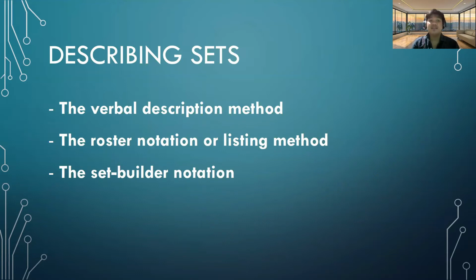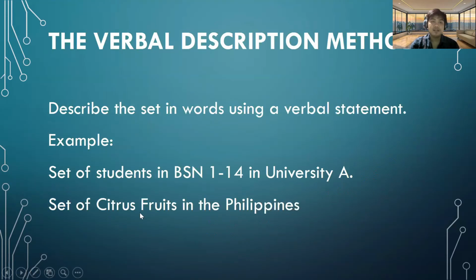And then we have roster notation or the listing method. You are going to list all the elements. And we have the set builder notation, where you set a particular variable with a particular equation or conditions. So, let's take them one by one. First, we have the description method or the verbal description method. We are going to describe the set in words using a verbal statement.